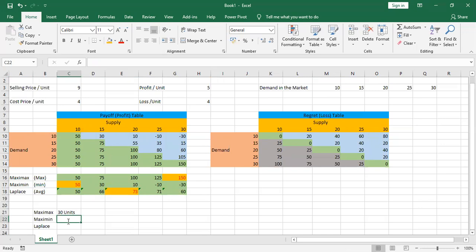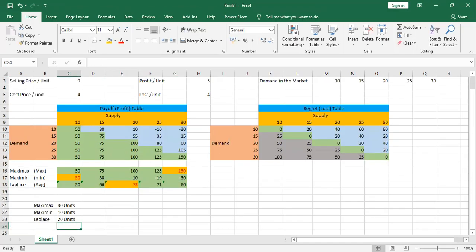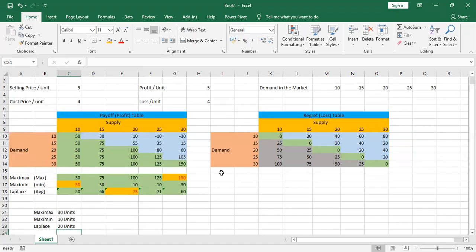The answer is 10 units. And next is Laplace. These are known as criteria. That means maximum out of average. The maximum of average is 73, for 20 units. These criteria depend on the personality of a person, right?